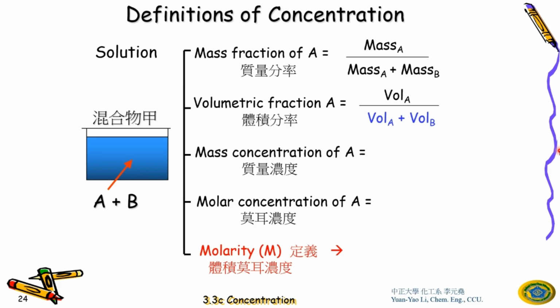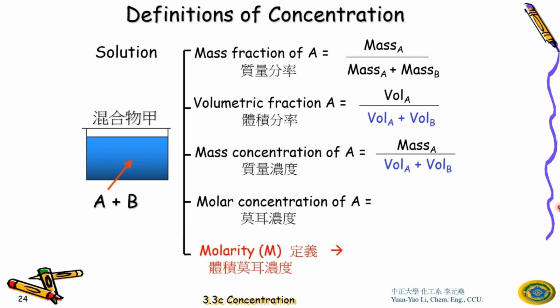How about the concentration of A? Here we don't talk about dimensionless quantities. How about mass concentration? This is the concentration of A, which is mass of A divided by what? Divided by volume. In the future, if you find something called concentration, you might think, well, it is something divided by volume.